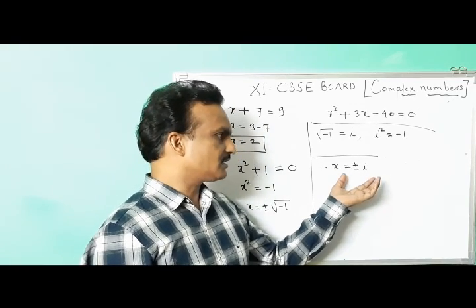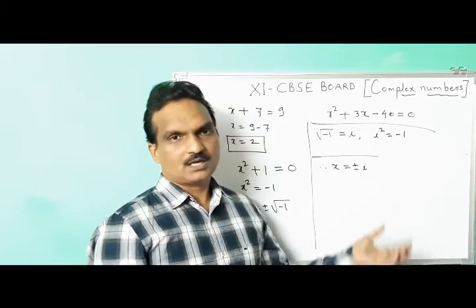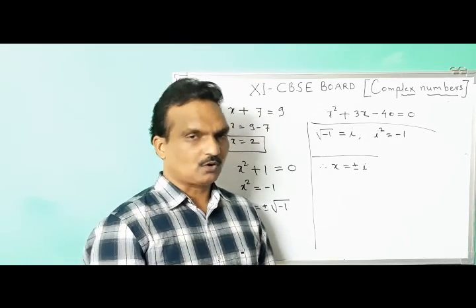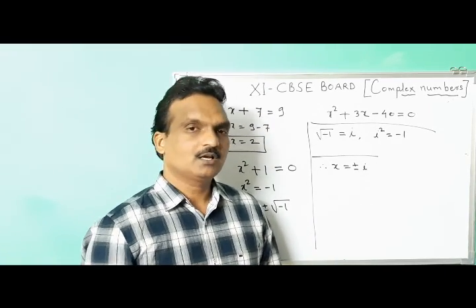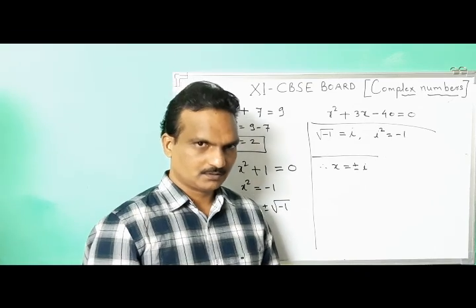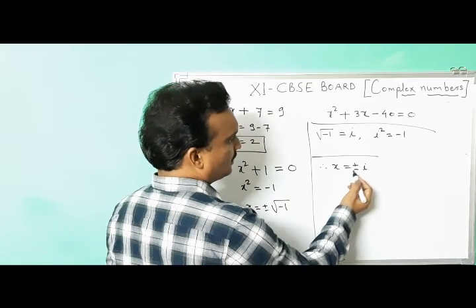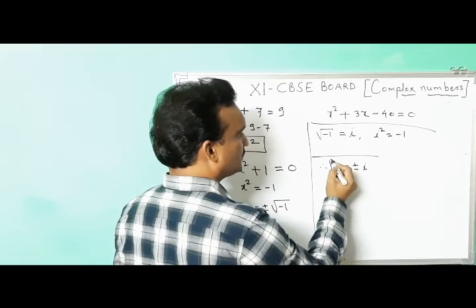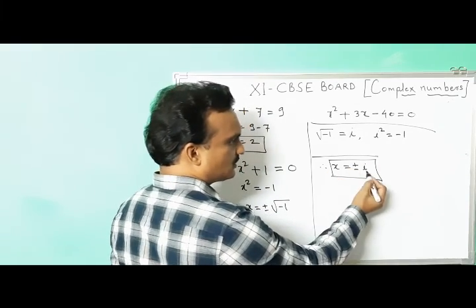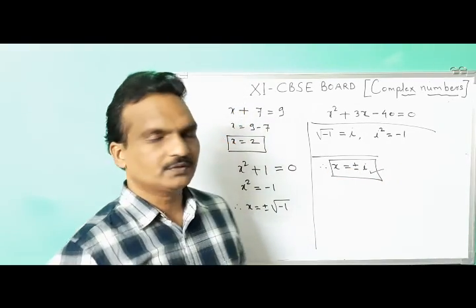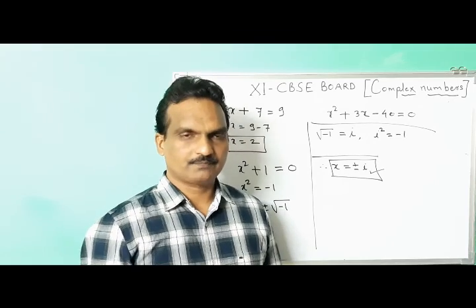That means we can say that this type of numbers belong to a new set, we will call it complex numbers. Okay, that means x is equal to plus or minus i is the solution. This solution belongs to the set of complex numbers.